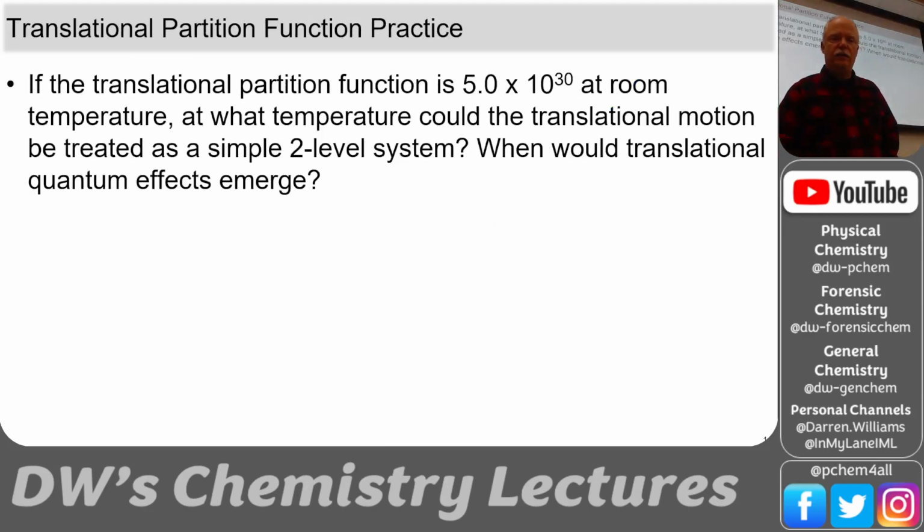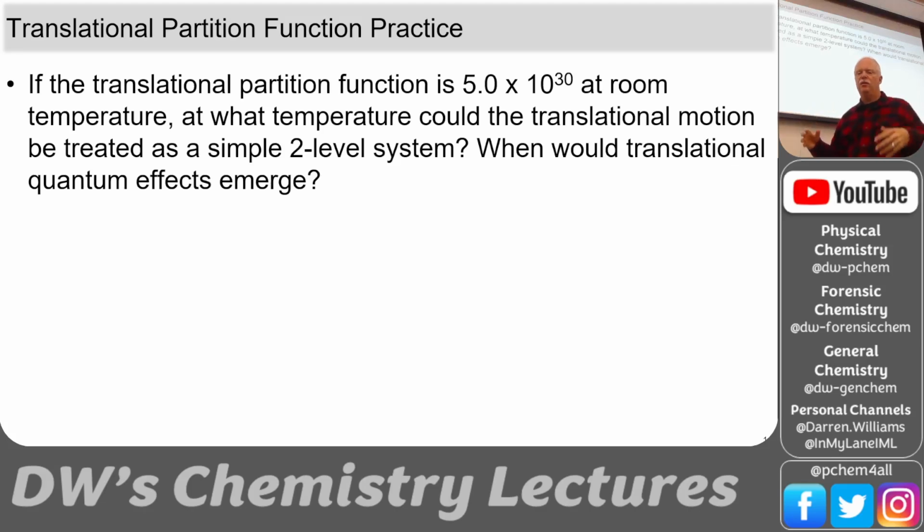Let's look at this one. This is kind of fun. If the translational partition function is 5 times 10 to the 30 at room temperature, at what temperature would the translational motion be treated as a simple two-level system? So when we're asking, when would quantum effects emerge? We could use that as our second Q in that equation.